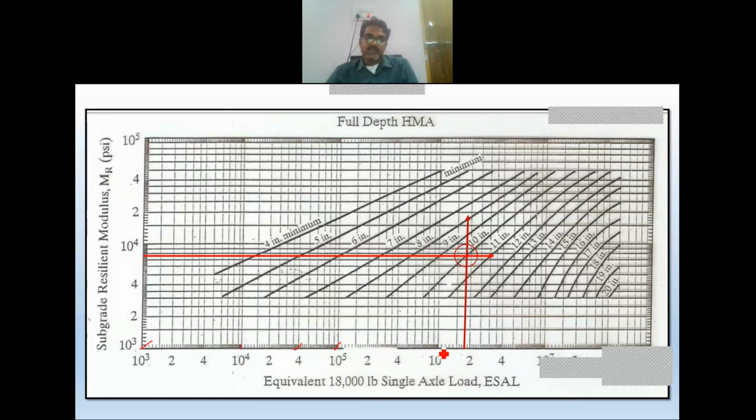Now this 10 power 6 value begins from here, and this will be 1 into 10 power 6, this will be 2 into 10 power 6, and this will be 3 into 10 power 6. Right. So 1.6 will be this one.